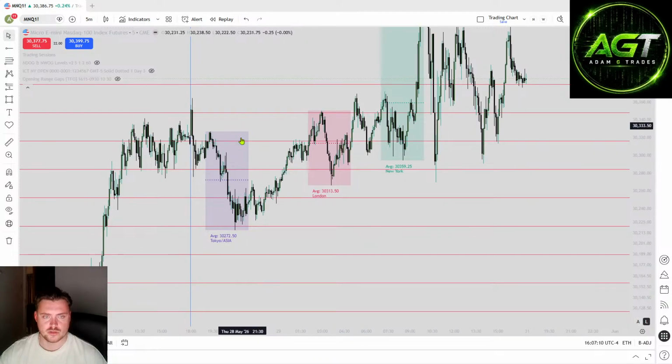So 1, 2, 3, 4. Right, that's the top. 1, 2, 3, 4. Consequent encroachment just touches down to that 8th level, and then what it refers to, the consequent encroachment goes higher.